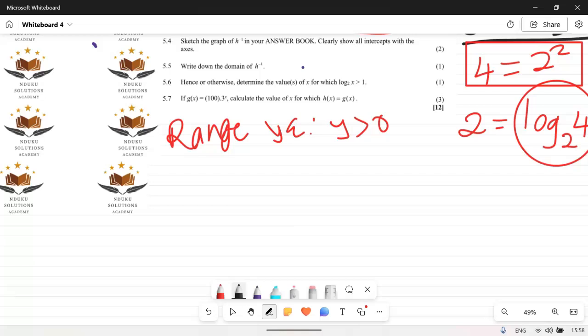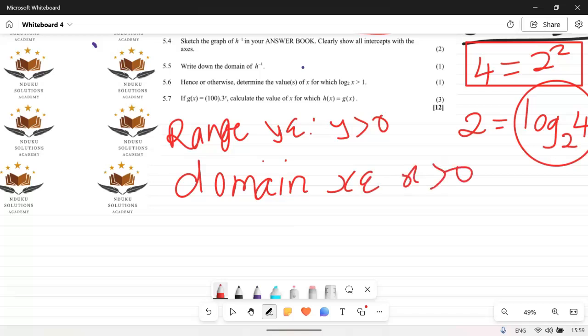So our domain will simply be, let me erase this. So our domain, well, now, because the domain is always the x value, x must be greater than 0.